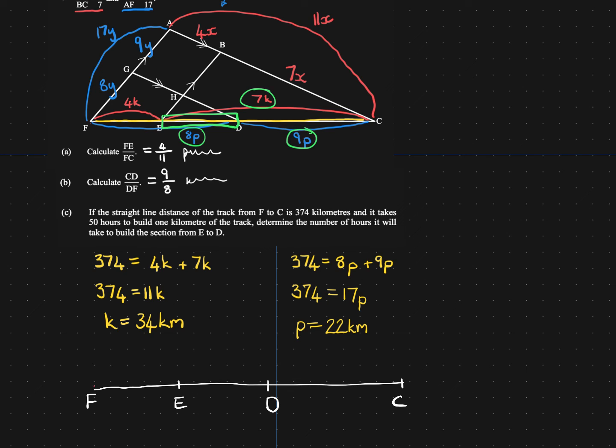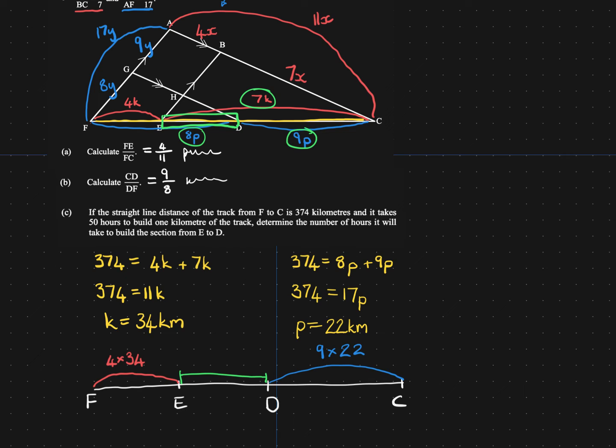I said that this over here was going to be 4k, so that's 4 times 34 kilometers. On the other side, I had 9p, so that's 9 times 22 kilometers, and that means I can work out this section over here.